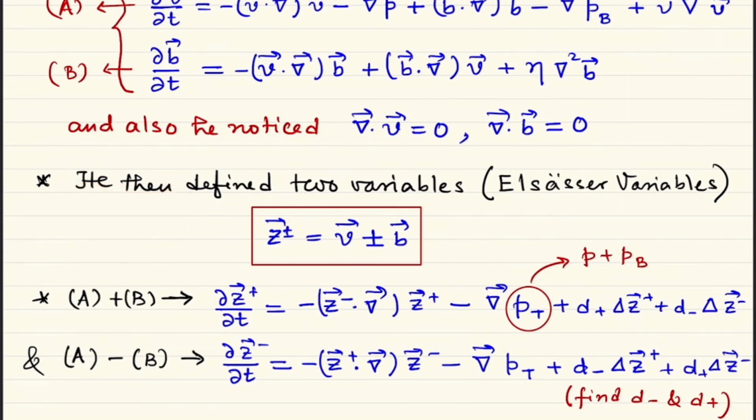Okay, so all these things are there. So Elsasser variables are very interesting for several cases, and historically what Elsasser did was to write the incompressible MHD equations in terms of these variables. But later, Marsch and Mangeney in the year 1987, which is 37 years later, used these Elsasser variables.